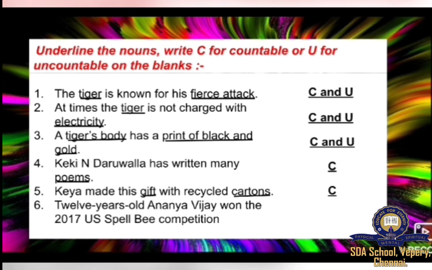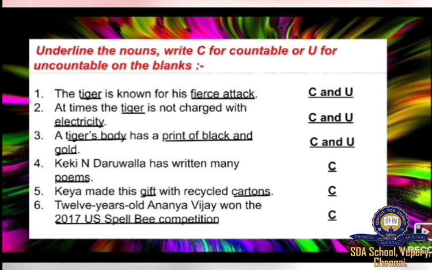Last one, 12 years old Ananya Vijay won the 2017 US Spell Bee competition. So the noun here is 2017 Spell Bee competition. What kind of a noun is this?